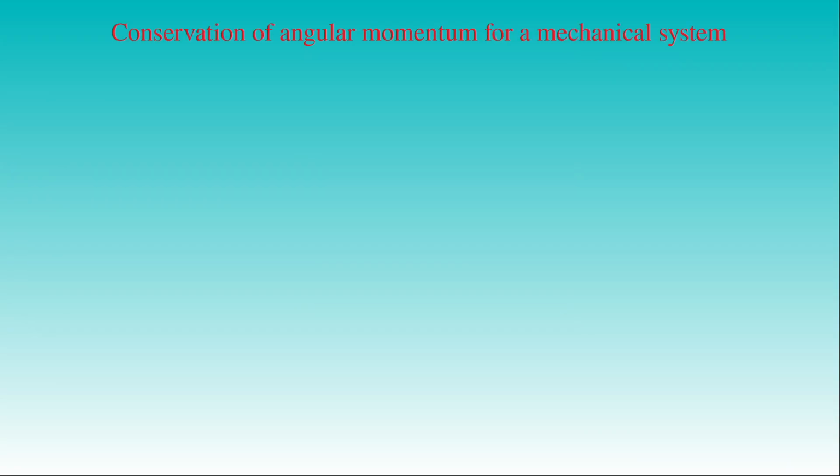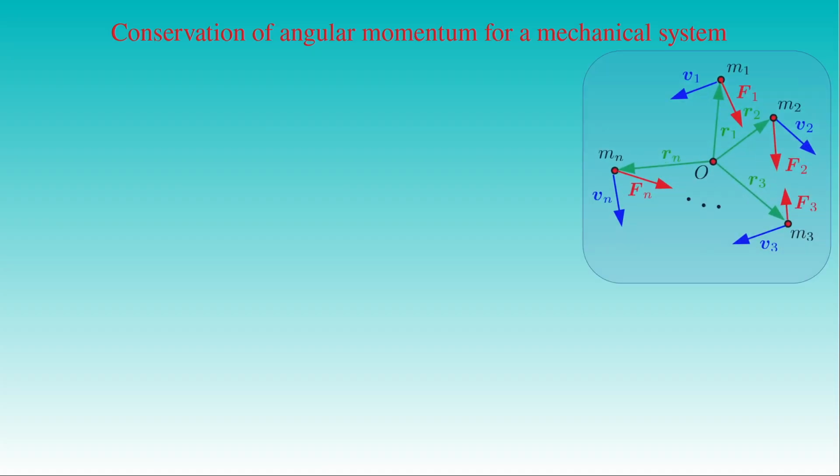If we apply the definitions of the total angular momentum of the system of point masses and the total torque applied on the system for the sum of the cross products, then we obtain the following theorem.